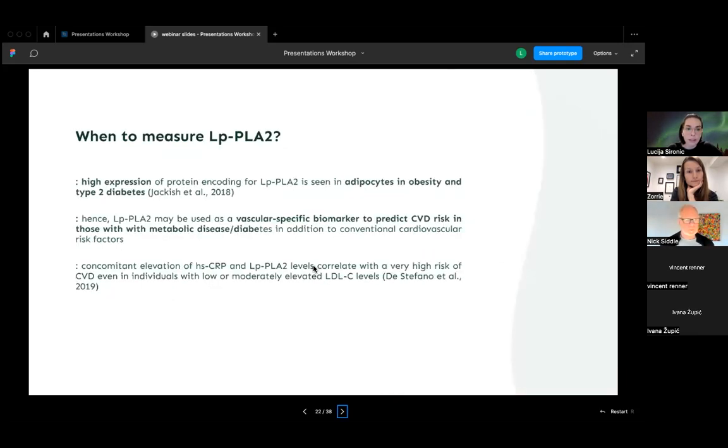But it seems that with this marker, it may be useful to predict cardiovascular disease risk in those with metabolic disease or diabetes, because a protein that encodes for this phospholipase is very highly expressed in adipocytes in obese individuals and those with type 2 diabetes. So perhaps for our case study, for our 51-year-old lady, not something that you might want to do. But try and remember this marker, because it will be relevant for the second case study that we will be talking about.